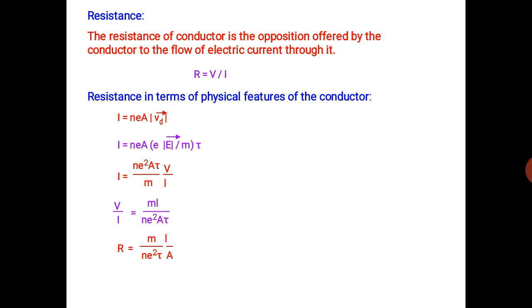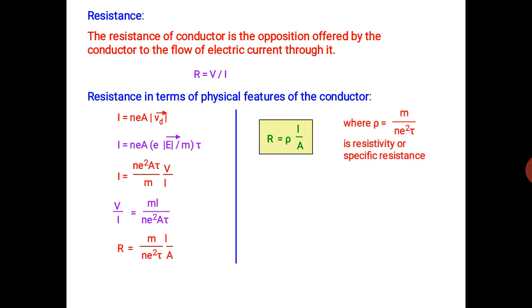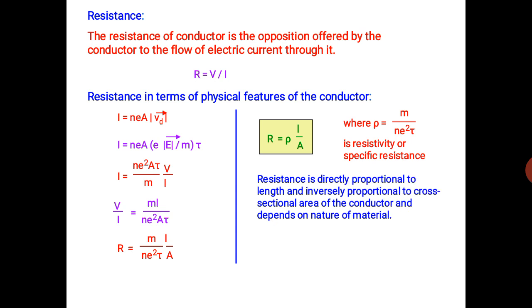Further, this constant term in the expression of resistance is called resistivity. So we can write resistance equal to this constant term into L upon A. What is this constant rho? m divided by n e square tau is the resistivity, or specific resistance.